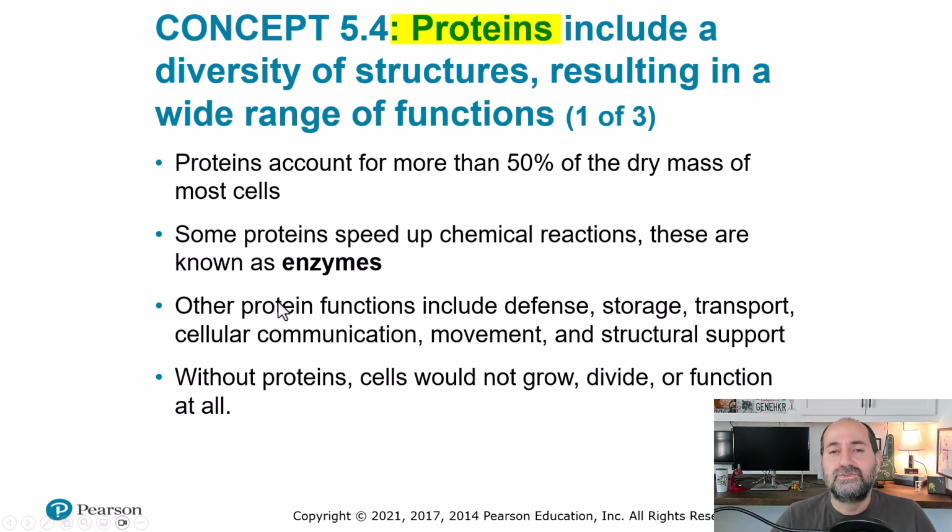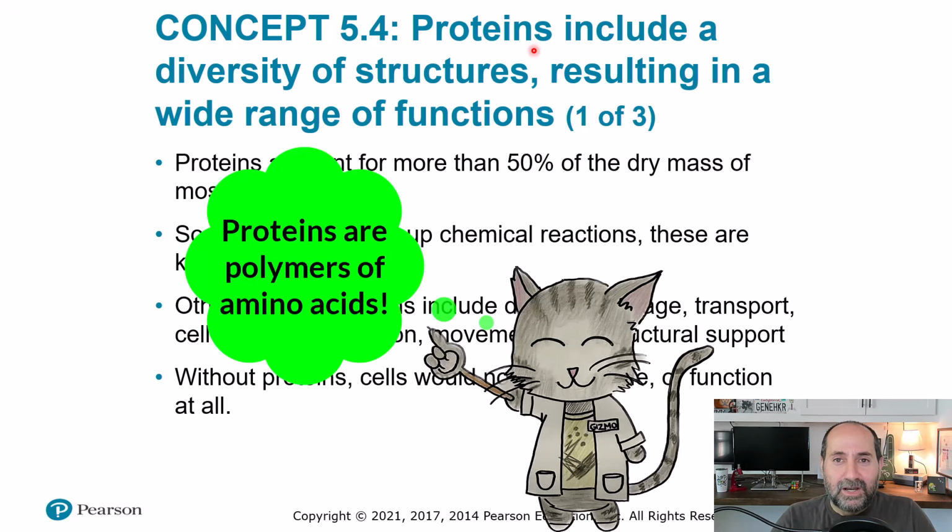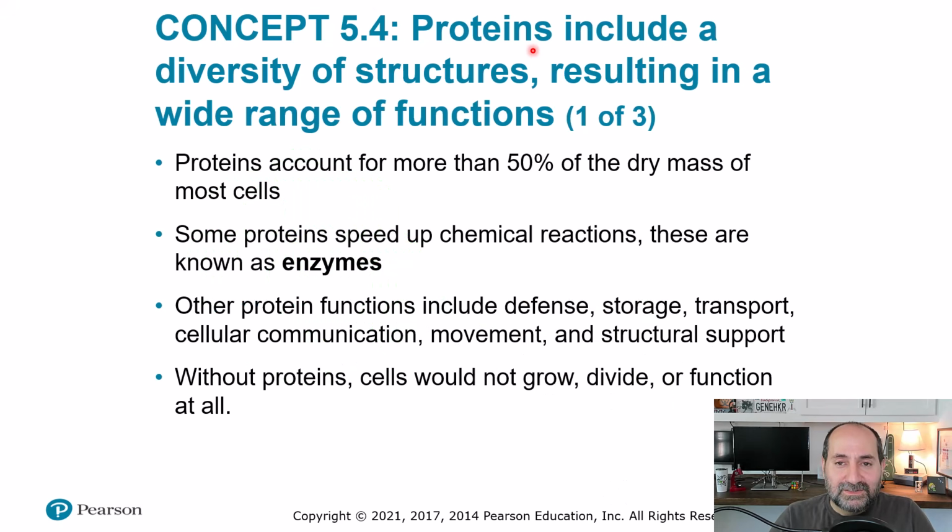Proteins are so important. So proteins are the third class of biomolecules we're discussing. They are also considered macromolecules, right? Because they are made of building blocks called amino acids. There are 20 naturally occurring amino acids, and these amino acids string together with dehydration reaction to form the proteins.